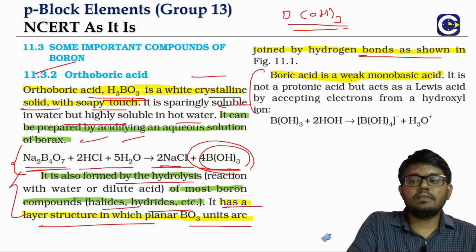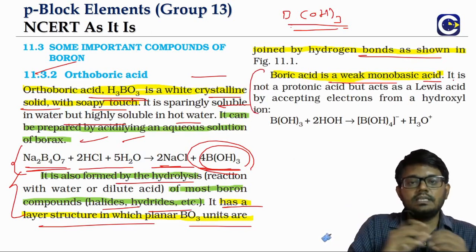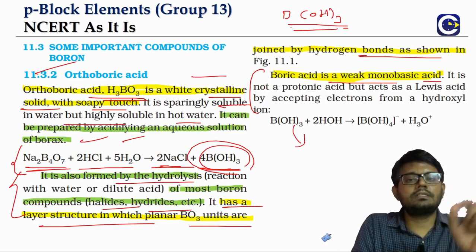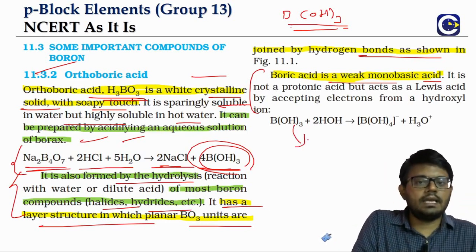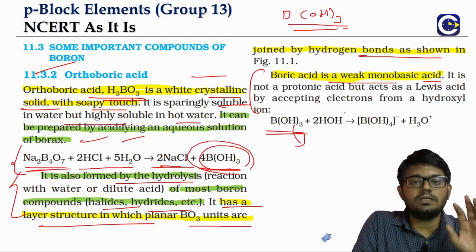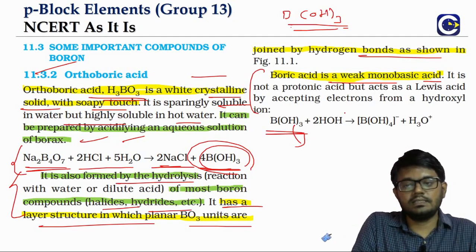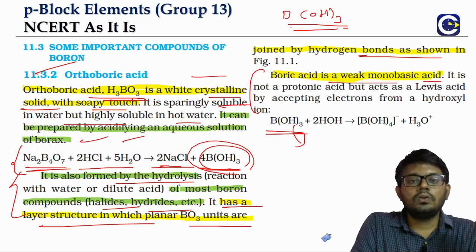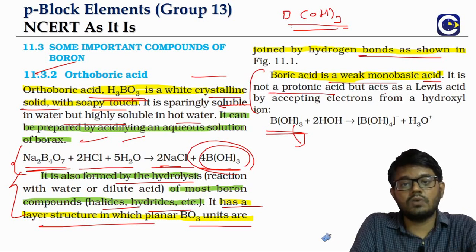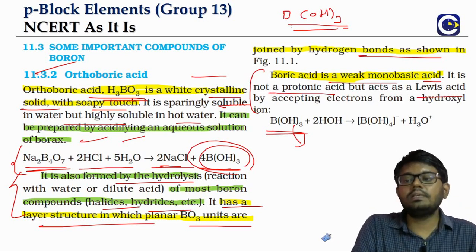Now, orthoboric acid is a weak monobasic acid. The thing is, it is not like the protons will be released from the hydrogen attached to the oxygen. So orthoboric acid is not an Arrhenius acid. It is a Lewis acid. So it is not a protonic acid. Arrhenius acid means when dissolved in water, it will give us protons. It is a Lewis acid.